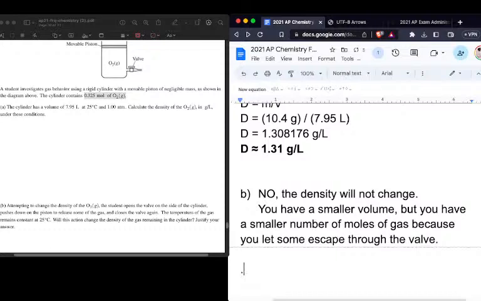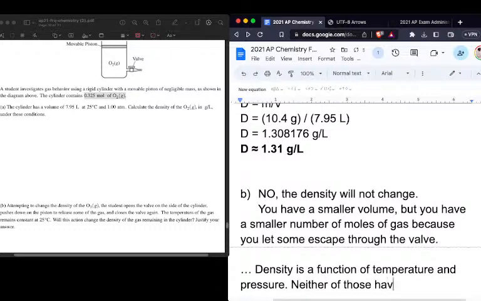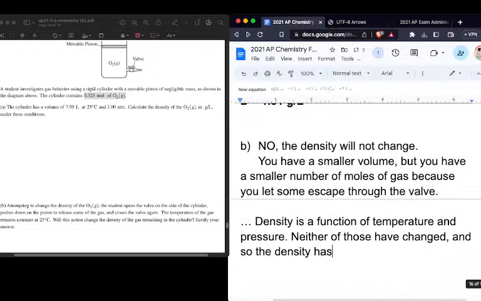Put another way, density is a function of temperature and pressure. Neither of those have changed, and so the density hasn't changed either.